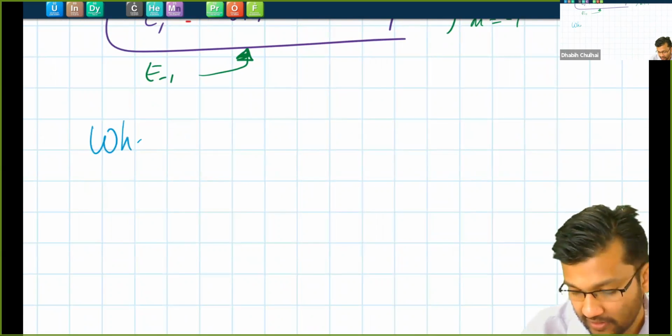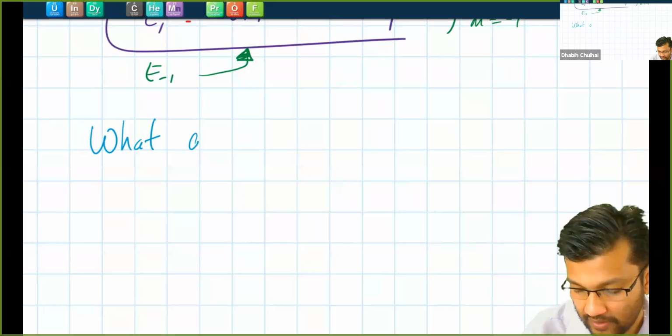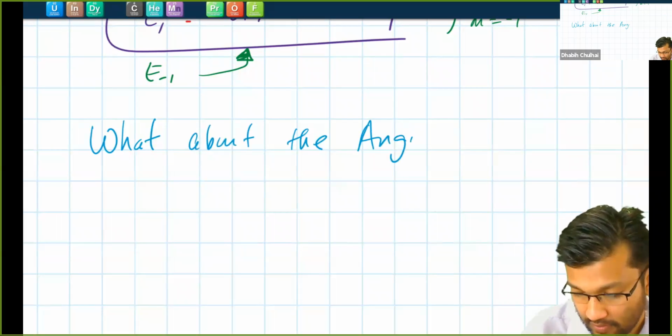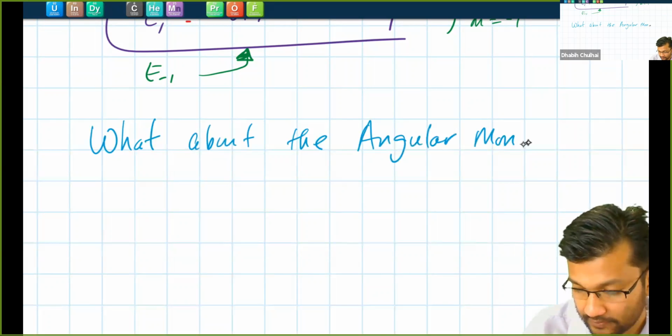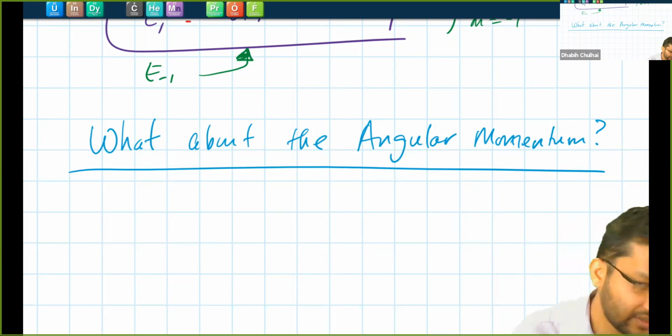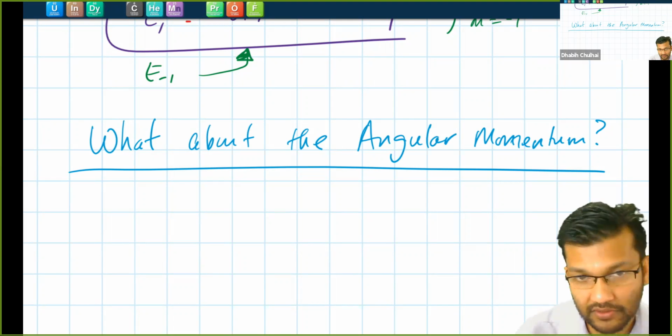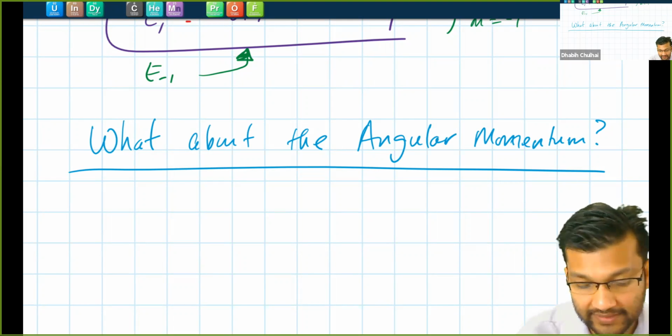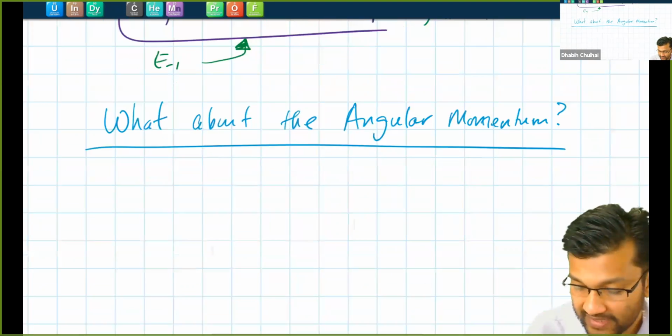I mentioned earlier, one of the objectives is to learn about the angular momentum. This is something new because none of the particles that we looked at before were rotating. You can only have an angular momentum if you're rotating. So what about the angular momentum?